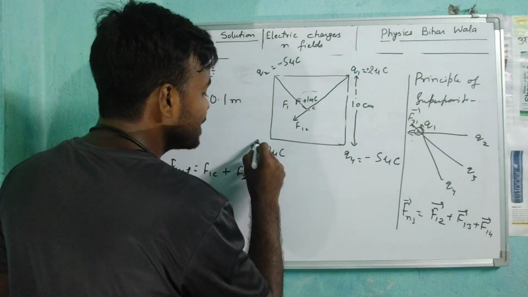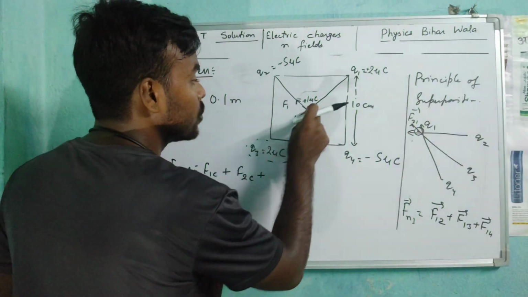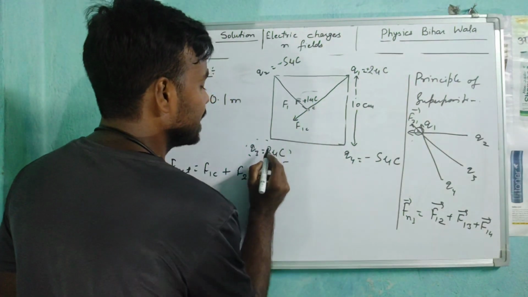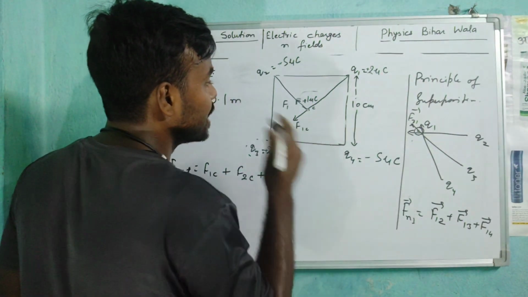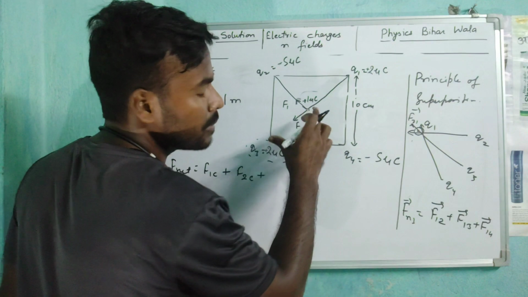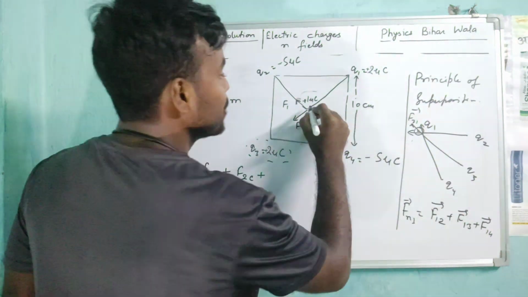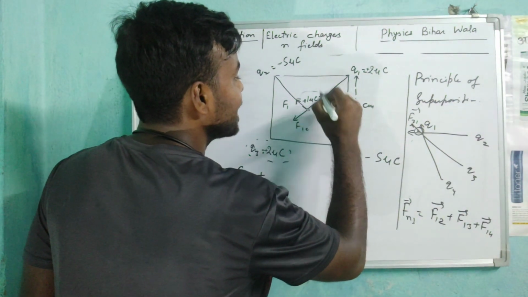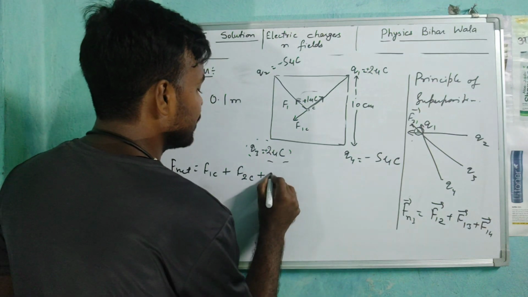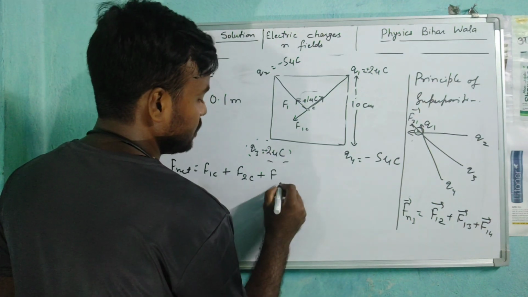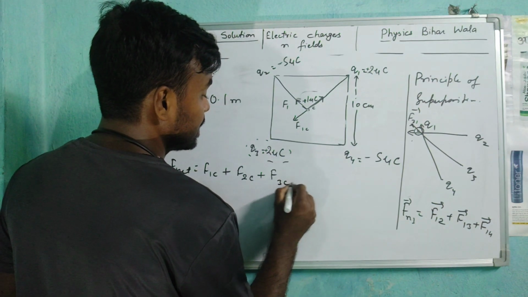Now the time of the third charge. When this charged particle exerts force on the center charge, clearly we see plus and plus, so automatically the force between them is repulsive, and the direction of force is here. That will be F3C.